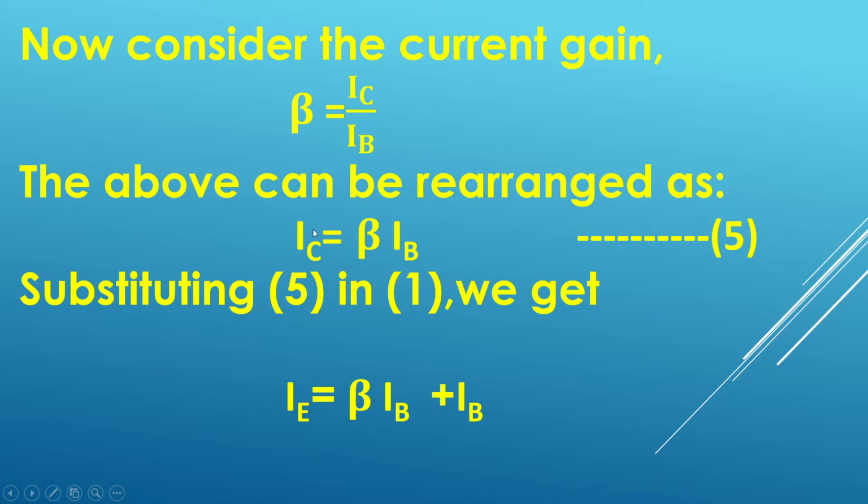Now beta equal to IC by IB, that is our common emitter current gain. Now you can rearrange the terms. You can get IC in terms of beta. IC is equal to beta into IB. Now substitute this equation number 5 in 1. If you substitute this equation number 5 in 1, you will get IE is equal to beta IB plus IB.